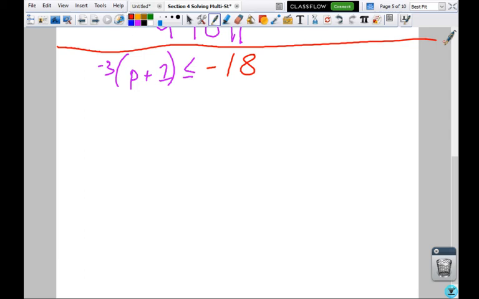It's going to switch after you divide. Subtracting the 3 is fine, but now that you're dividing by negative 2, now it's going to switch. Does everything after that switch? It's just the symbol.